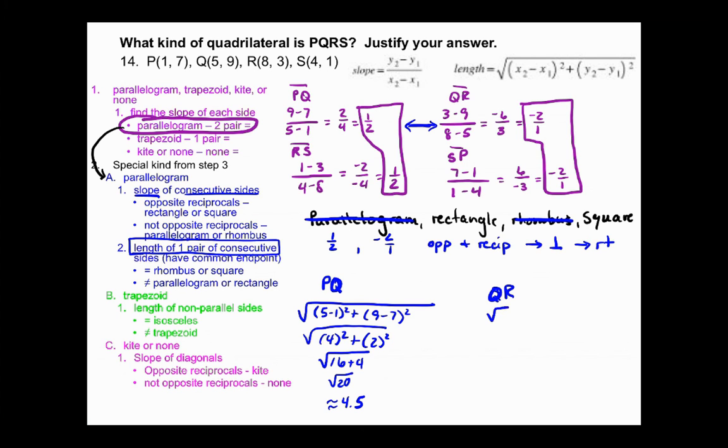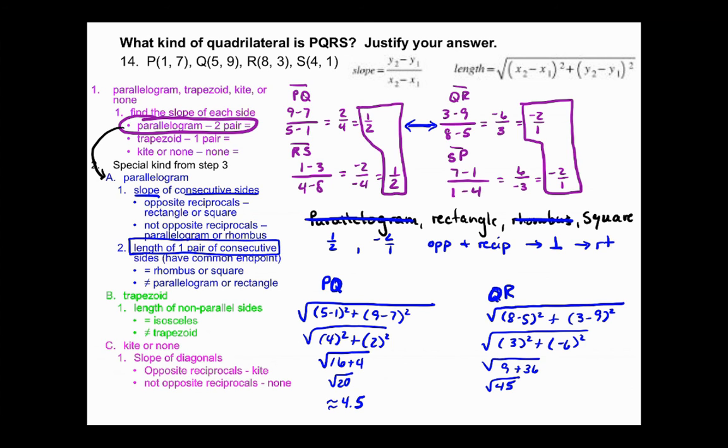For QR, we're going to do 8 minus 5 squared plus 3 minus 9 squared, all under the square root. So this is going to be 3 squared plus negative 6 squared. So this is 9 plus 36, which is 45.